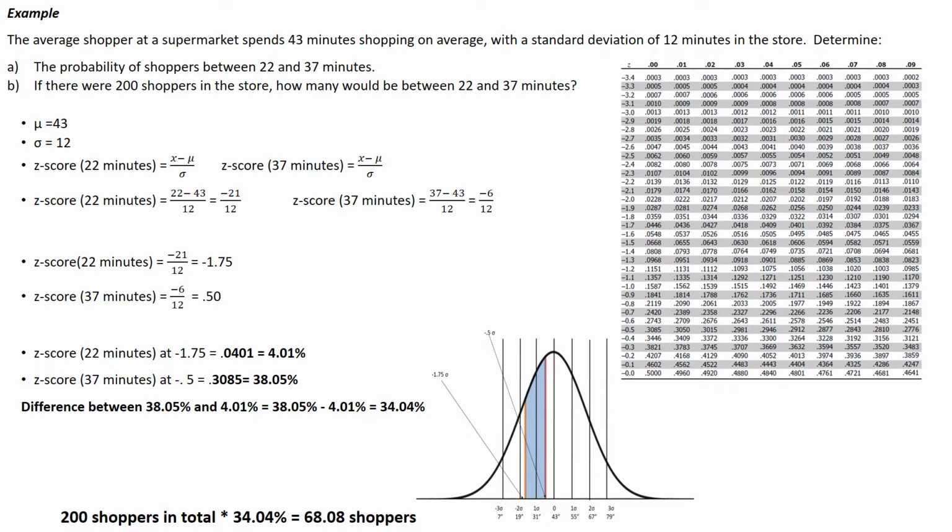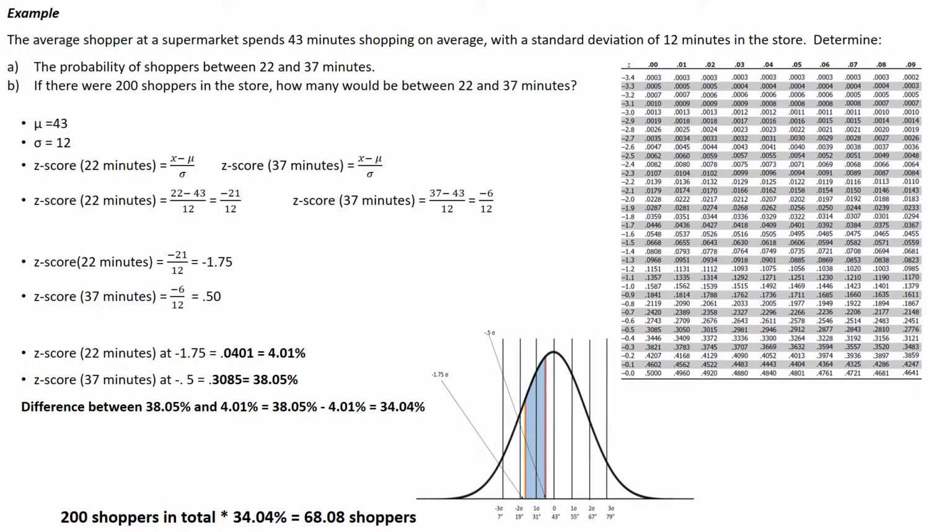For 22 minutes, it'd be 22 minus my mu, 43, over my sigma, which is 12. 22 minus 43 is minus 21, over 12. That is negative 1.75. And then at the upper end, 37 minutes: 37 minus 43 is minus 6, over 12, and that is negative 0.5.